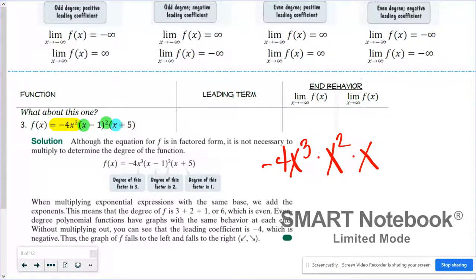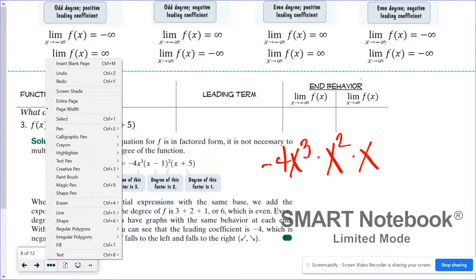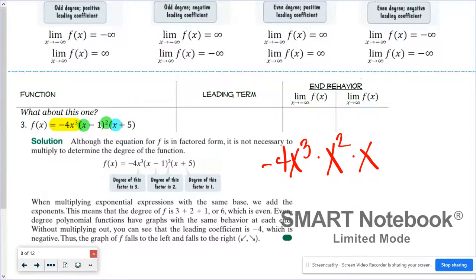And so you may recall from the very first lesson of this chapter when we multiplied things like this. So for negative 4x cubed times x squared times x, we added the exponents, right? And so I'd end up with negative 4x and then 3 plus 2 plus 1 is 6.